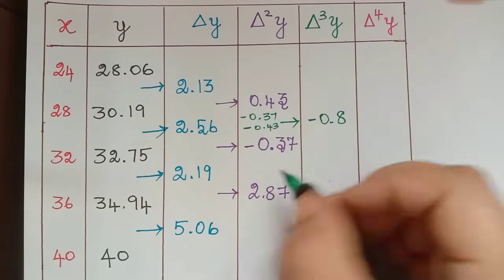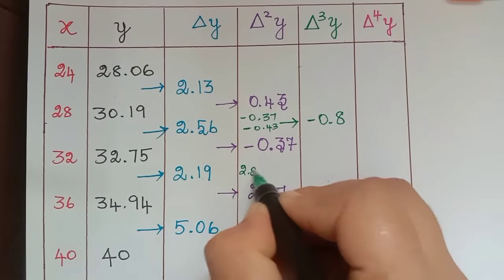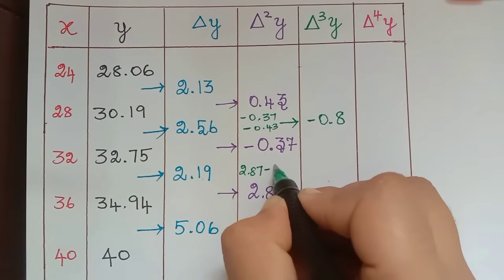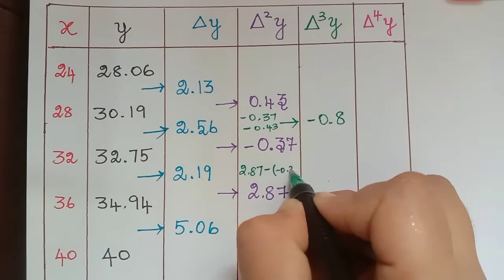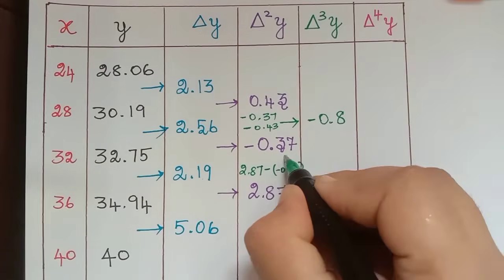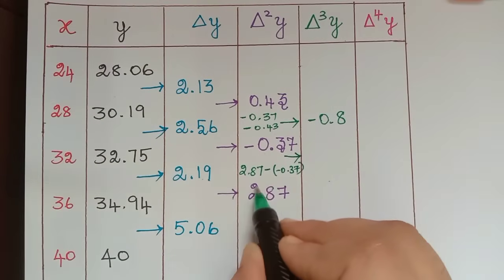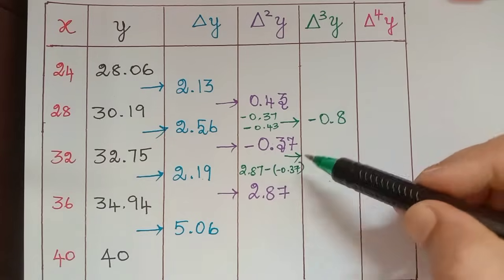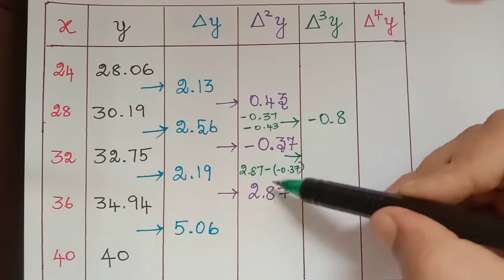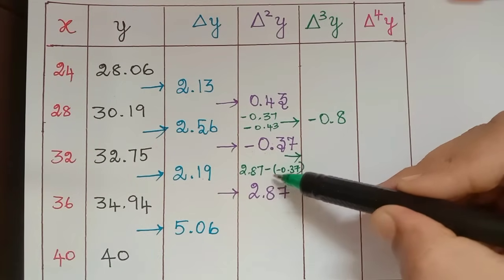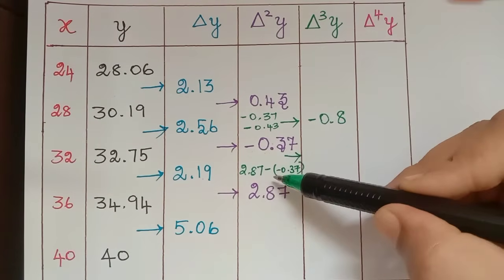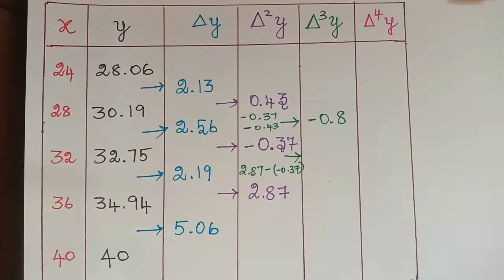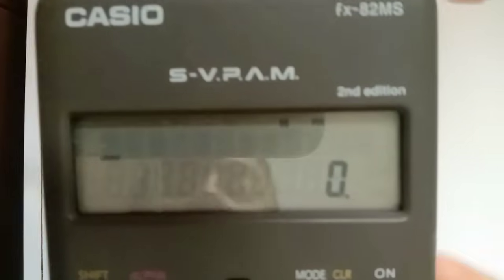Now here how it will be, 2.87 minus of minus 0.37. So what you will get here, 2.87 minus this value, but here already we have a minus, so minus of minus will become plus. So now 2.87 plus 0.37 we have to do.